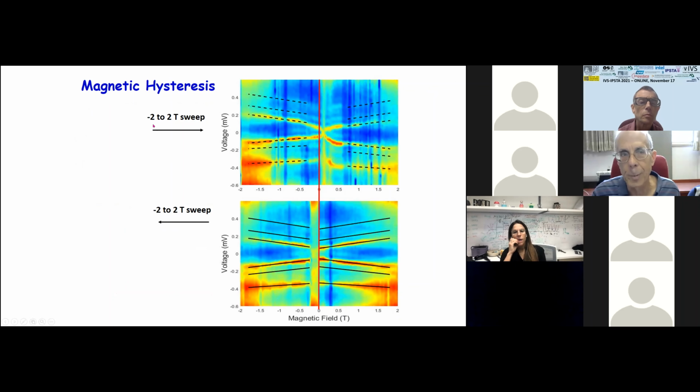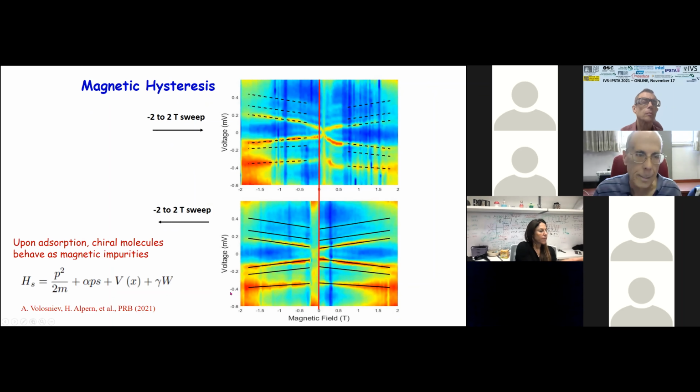When we sweep the field from -2 to +2 Tesla, we see that the Shiba bands emerge at some positive magnetic field. And when sweeping the field from +2 to -2, we see that these Shiba bands converge at a negative field.